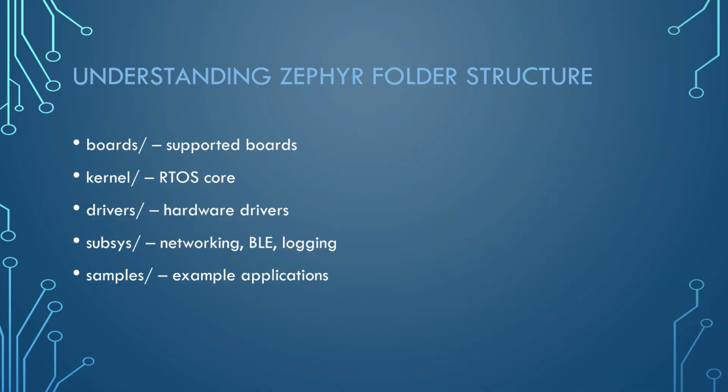Understanding the Zephyr folder structure. Before we write or build any application, it's important to understand the Zephyr folder structure. Zephyr is a large and modular project, and its directory structure reflects how the RTOS is organized internally. In this slide, I am highlighting only the most important directories that you will encounter as a Zephyr developer. Let's start with the boards directory.